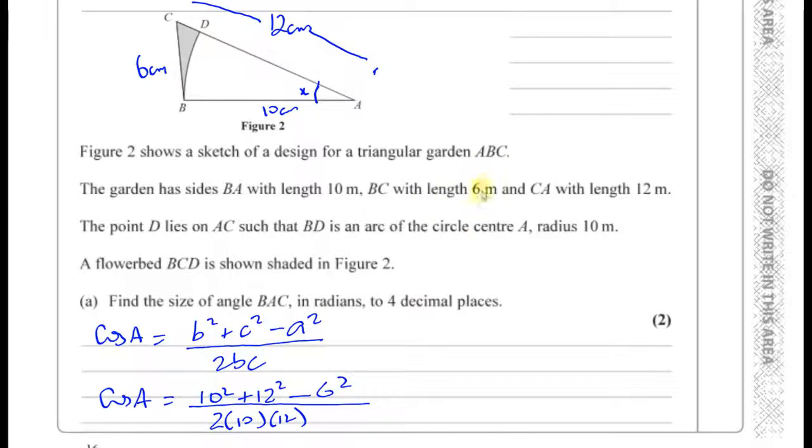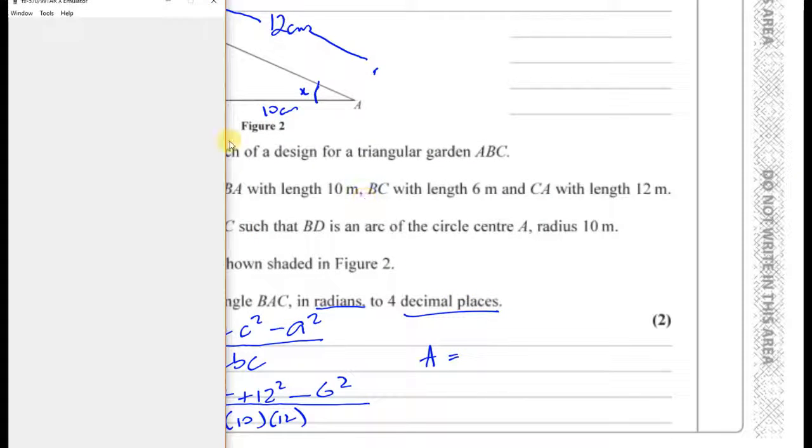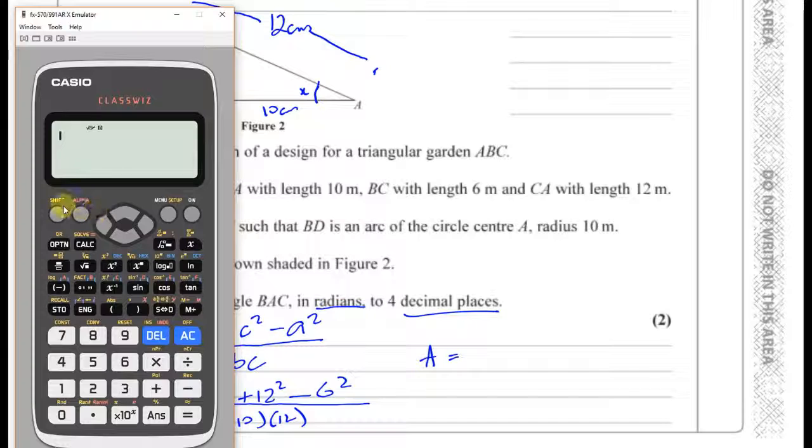Now, we want to find the answer in radians to 4 decimal places. So I need to ensure that my calculator is in radian mode. So what I do is shift, menu, angle input, radians. Make sure it's in radian mode.